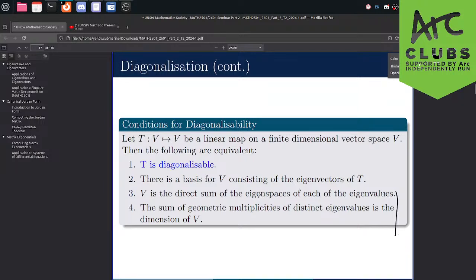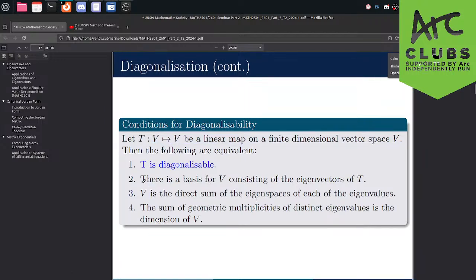You can have the eigenspaces, when directly summed together, fully span what your linear map works in. And we also have the sum of the geometric multiplicities, which actually refer to the dimensions of these eigenspaces. They all add up to the dimension of V. So these 3 and 4 are clearly analogous, and that's analogous to the n linearly independent eigenvectors thing.